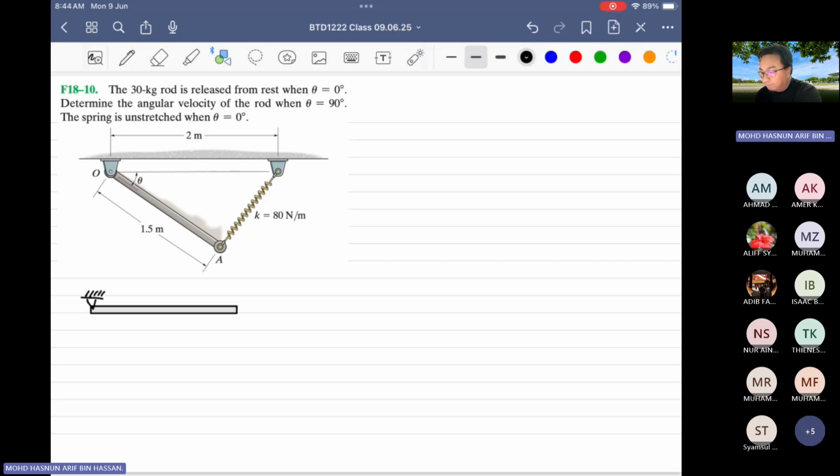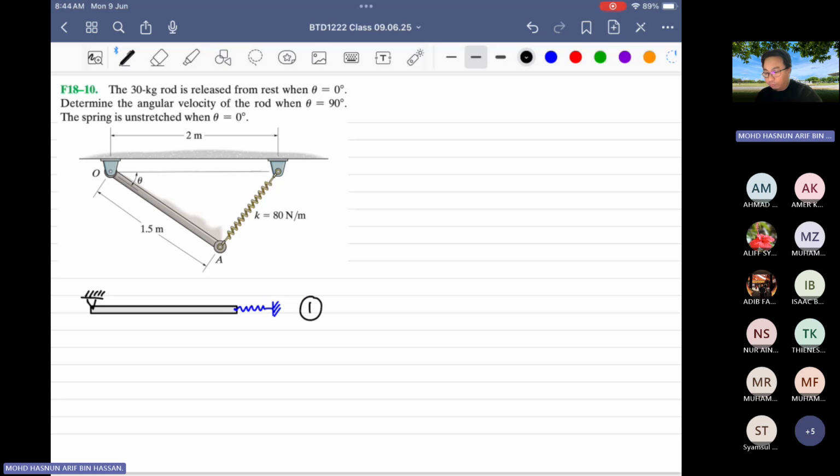The rod is connected to a spring, so there will be a spring at the end here, and it ends there. This is position number 1, when theta equals 0.